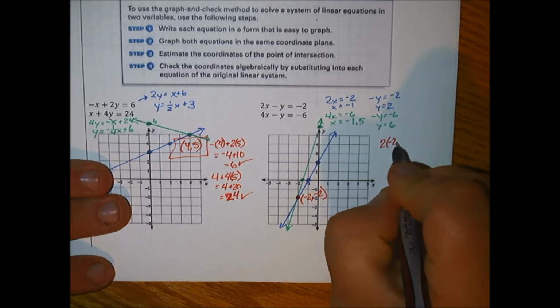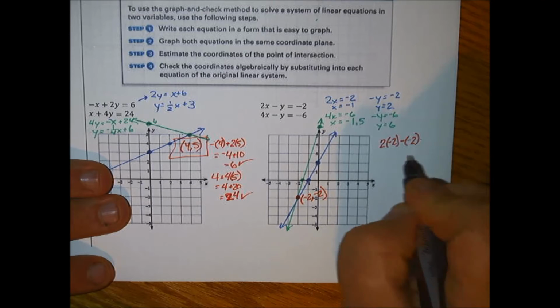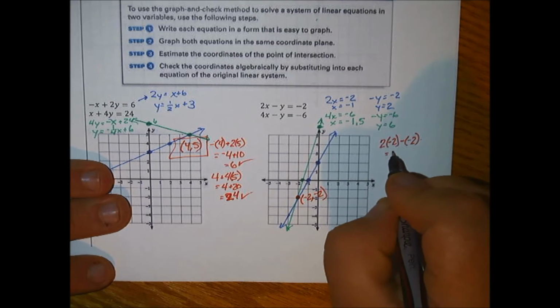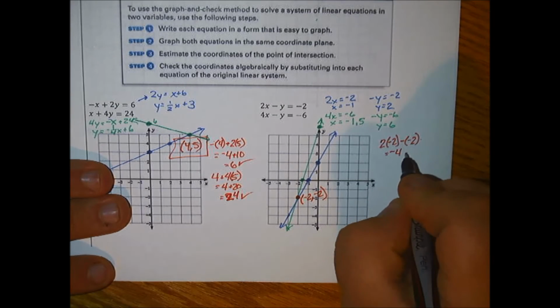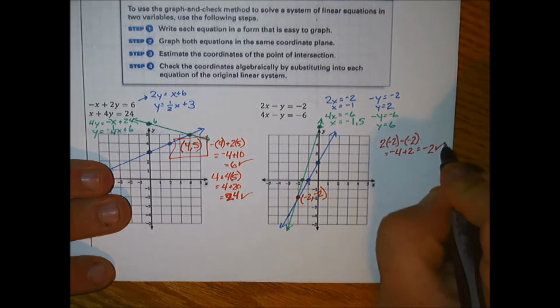So 2 times negative 2 minus a negative 2 equals 2 times negative 2 is negative 4, minus a negative is plus 2. So that gives me a negative 2 there, and that's what I needed.